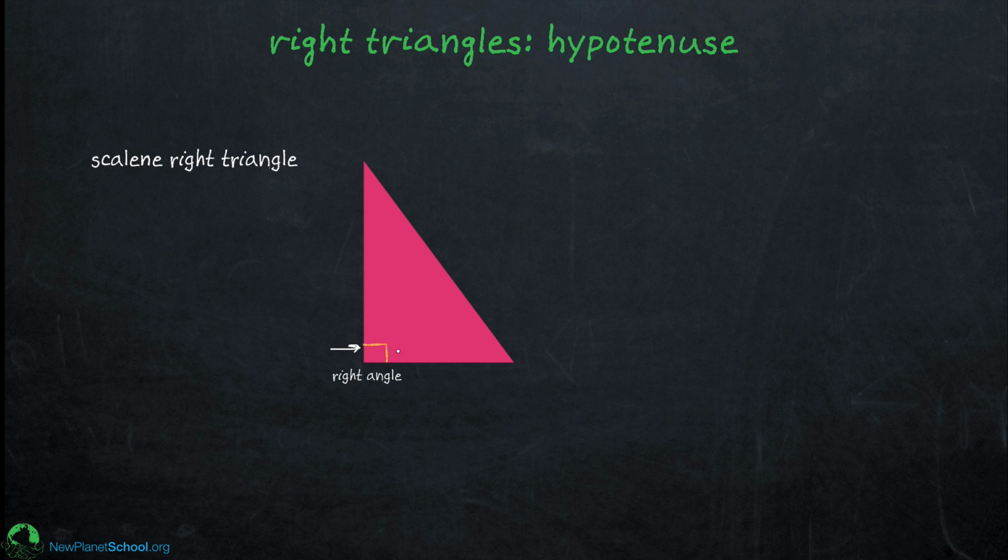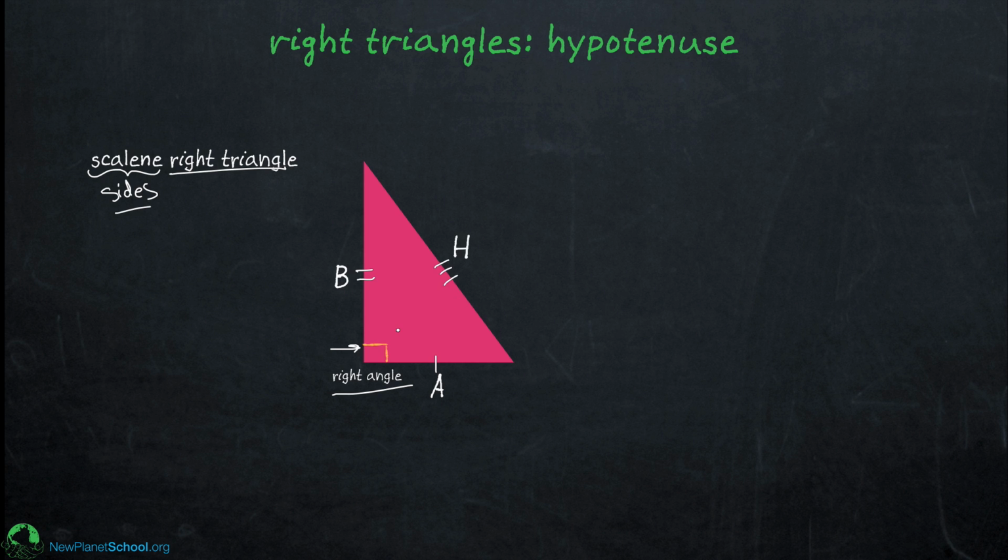Just because we say it's a right triangle and it has a right angle doesn't tell us everything about it. Here I include the word scalene, which has to do with the lengths of the sides, not the angles. And so this one has a side here of length A, a length B that's different, and then a third length over here that's even different, and I'm going to call that H.